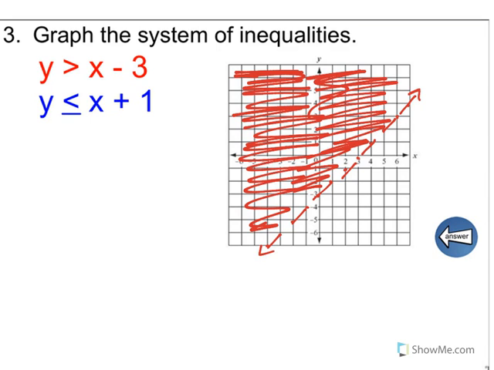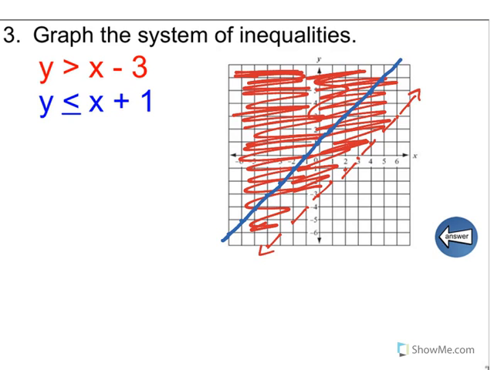And then I have y is less than or equal to x plus 1. So it says start at 1. This has a slope of 1. Again, should be parallel. I'll have a solid line here, and this is everything that is less than x plus 1.